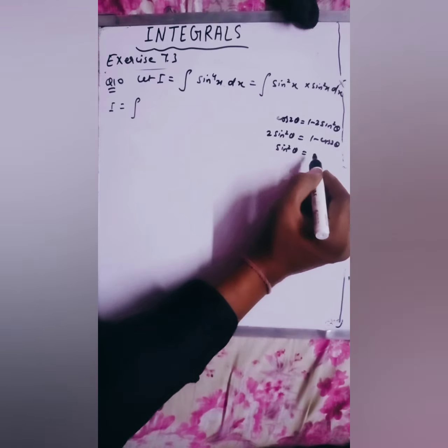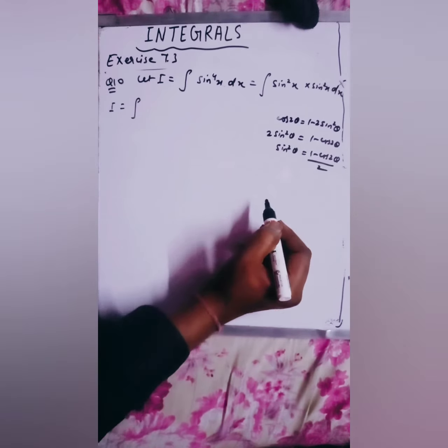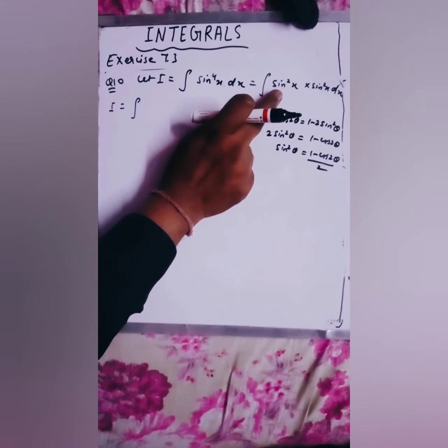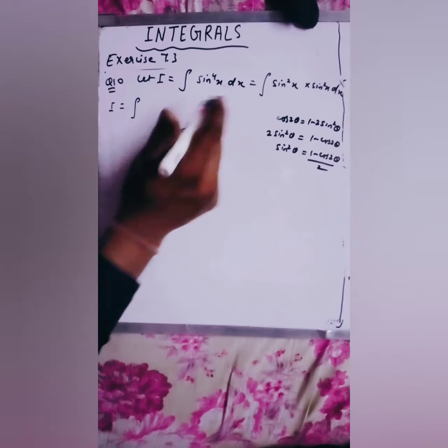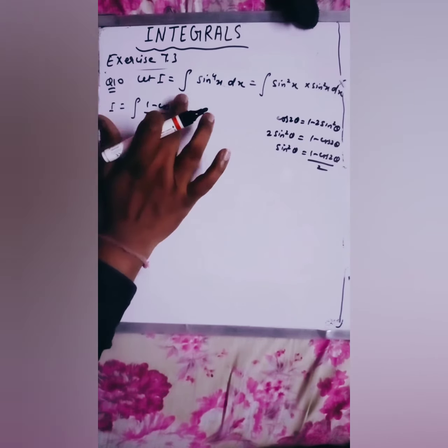So the value of sine square would be (1 minus cos 2 theta) over 2. This value of sine square theta you have to use here. So in place of this I'm writing (1 minus cos 2 theta) whole upon 2. It's not theta actually, it will be x.